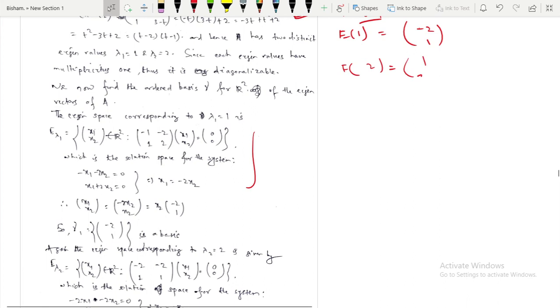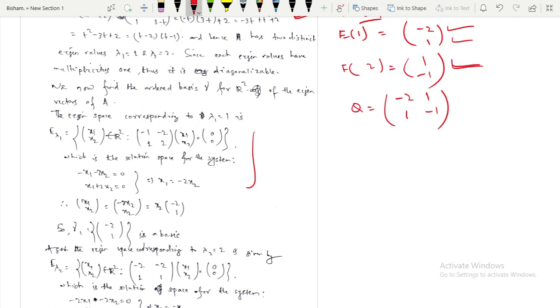So what are the eigenvectors? One eigenvector is minus 2 1, and another one is 1 minus 1. So let the matrix Q be minus 2 1, 1 minus 1. Whatever Q we are getting, then find Q inverse.